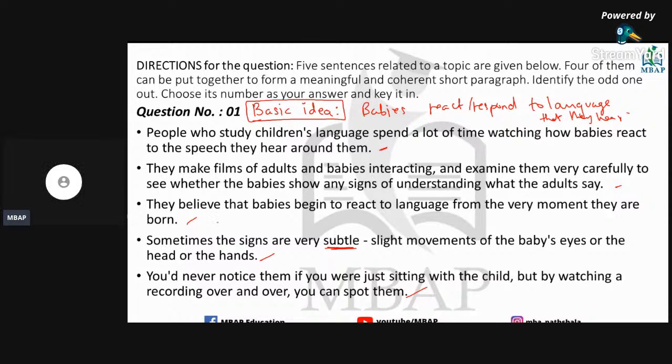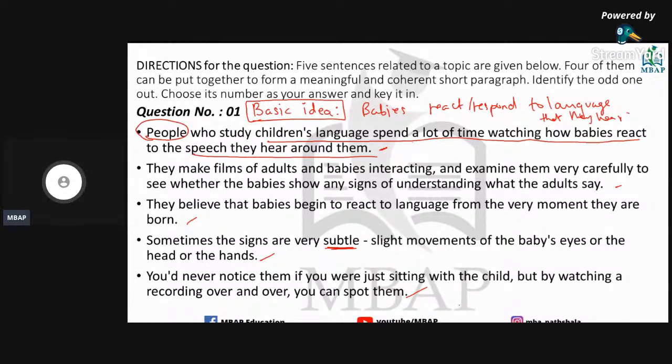Okay, but having said that, remember, there is one sentence in the lot which is not in sync with the other four. It talks about a different idea. So let us understand. People who study children's language spend a lot of time watching how babies react to the speech they hear around them.